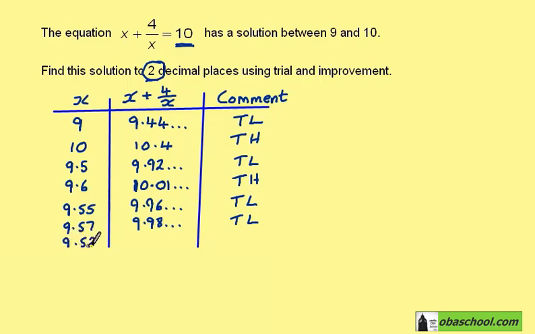Try 9.58. 9.58 plus 4 divided by 9.58 is 9.997 and so on, still too low. 9.59 plus 4 divided by 9.59 gives us 10.0071 and so on, which is above 10.